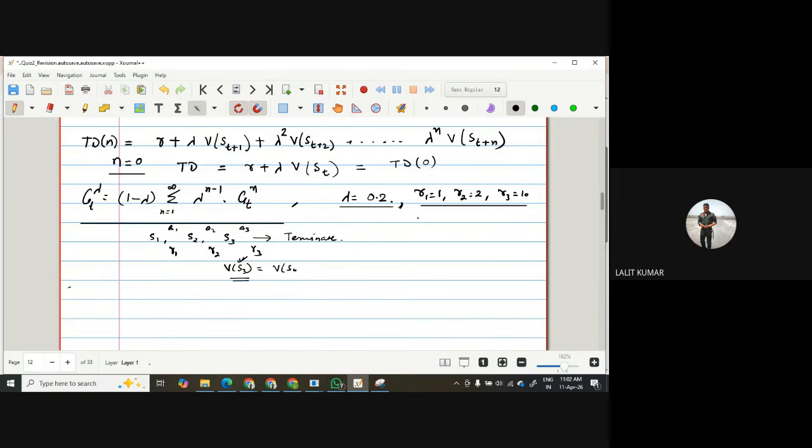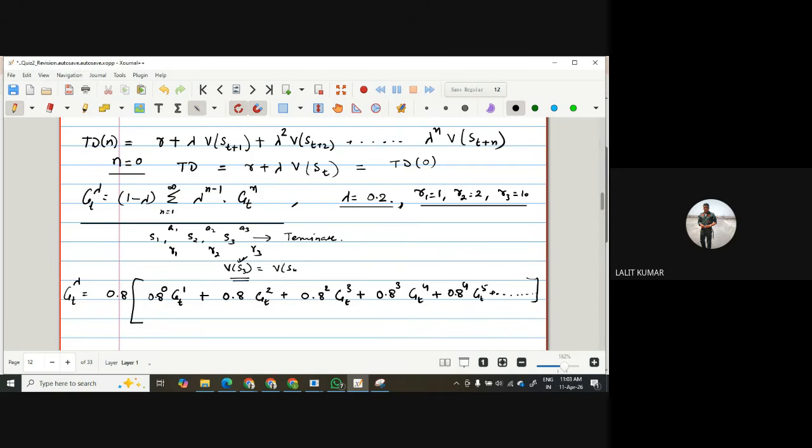Now, when you plug in this formula, G_t^lambda is equal to 0.8 into the summation: G_t^1 plus 0.8 G_t^2 plus 0.8 square G_t^3, plus 0.8 cube G_t^4, 0.8^4 G_t^5, and it keeps on going.